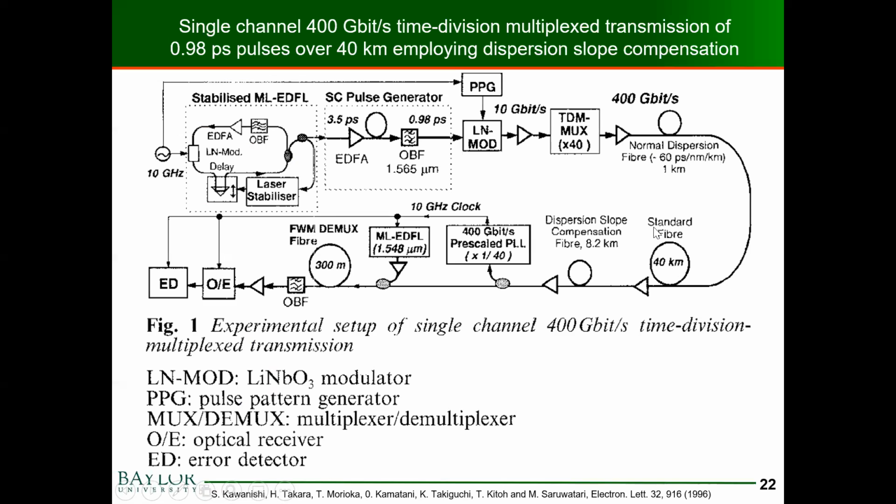And then we have propagation for 40 kilometers. And this is dispersion slope compensation. When I say dispersion slope, that means K0 triple prime. When I say dispersion compensation, it means K0 double prime, right?